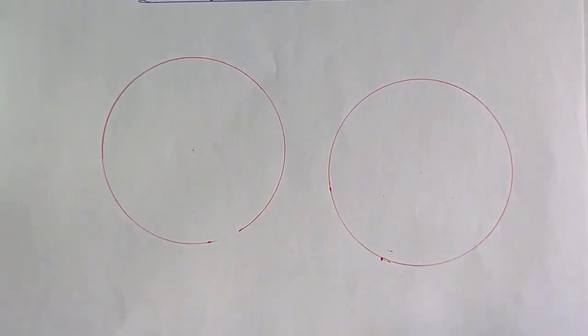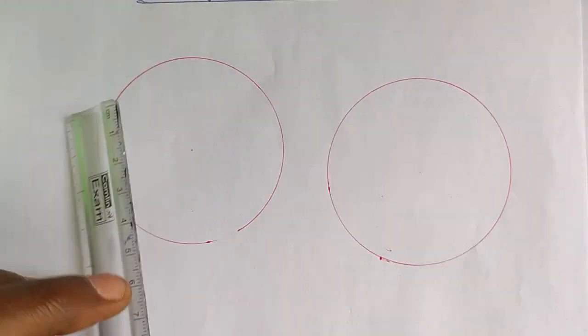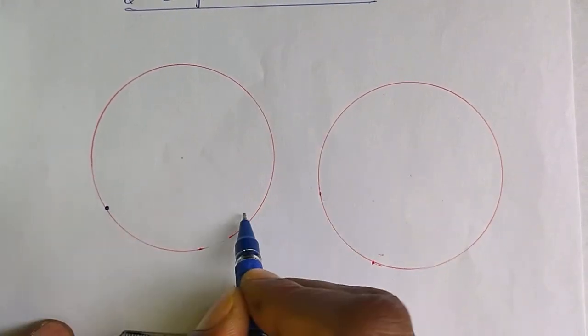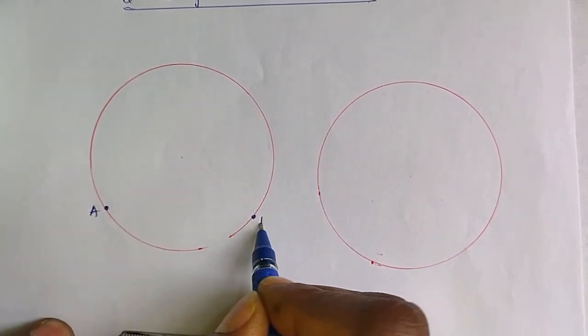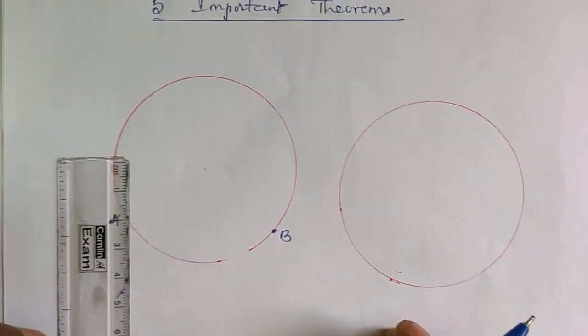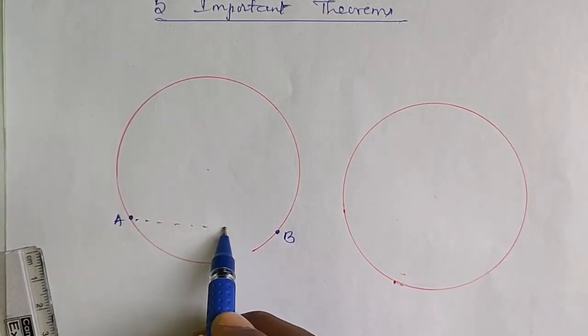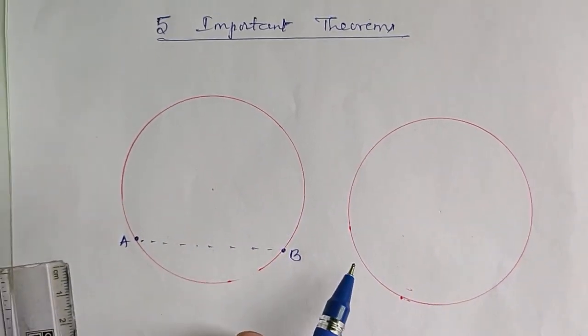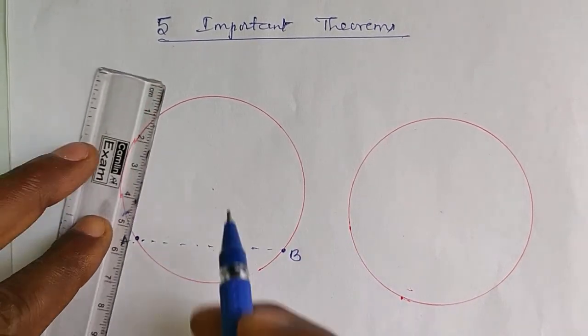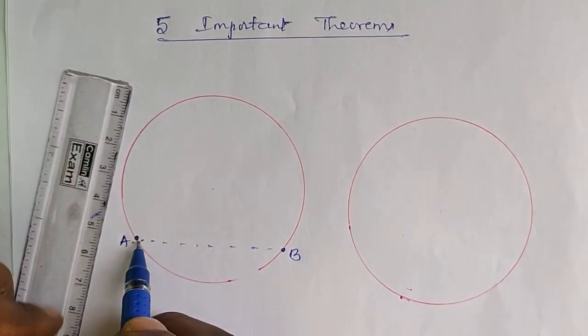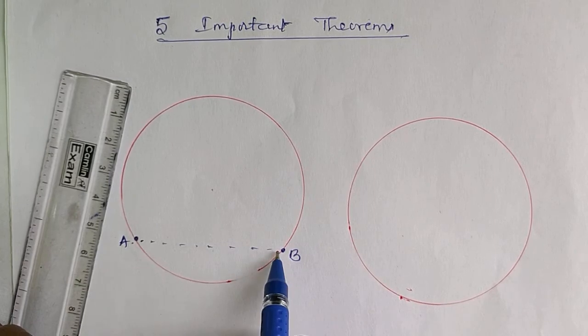The first one is, in a circle on the circumference there are 2 points that have been marked. These 2 points are joined or not joined, no problem at all, but these 2 points are very important. If you join A and B, we will get a chord.